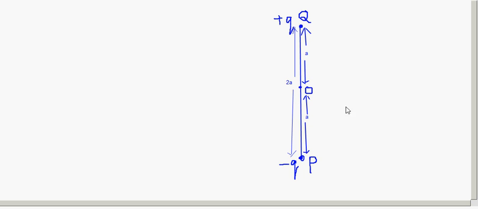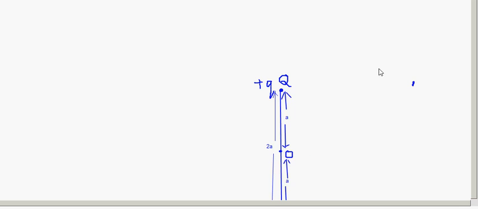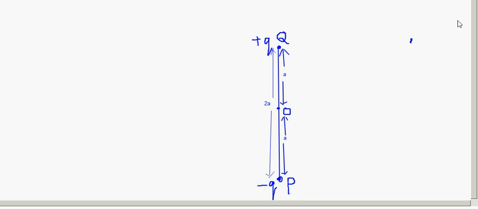Okay, so let us say we need to find out the electric potential at point R. Consider a point R where we have to find out the electric potential.